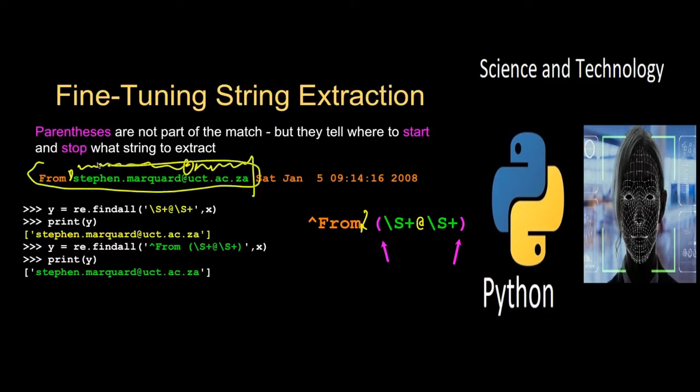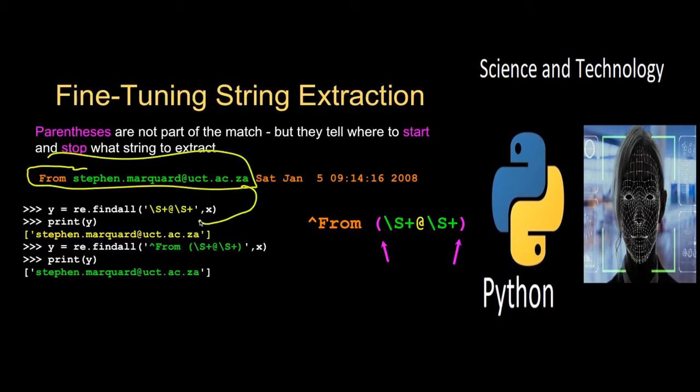Now the key is that we don't actually want that back in our extraction. What we really want back in our extraction is this part right here. So what we do is we put parentheses in. Parentheses are code in the regular expression world: they say start your extraction and end your extraction. Without the parentheses, you get the whole thing, including the from.